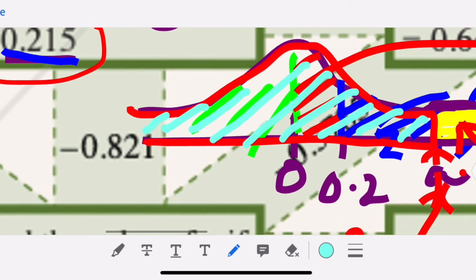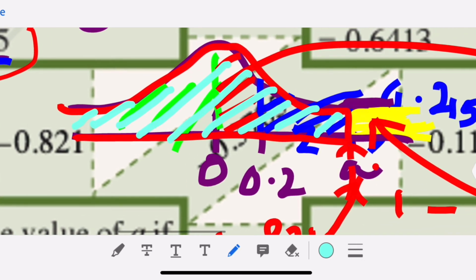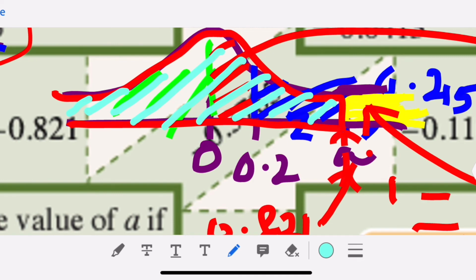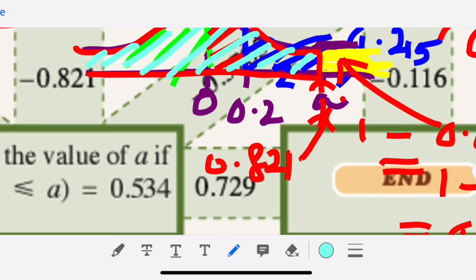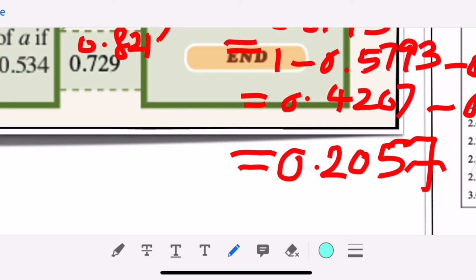So in short, you have to take 0.5 plus the red one plus the blue one, or you can say you take 1 minus 0.2057 and then you inverse.